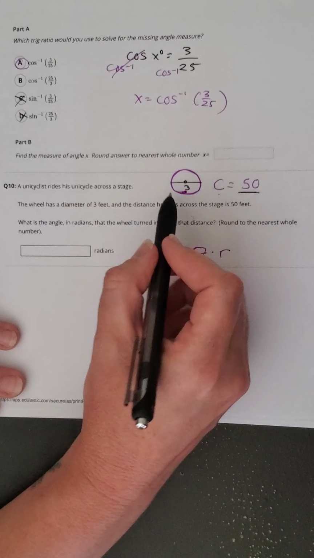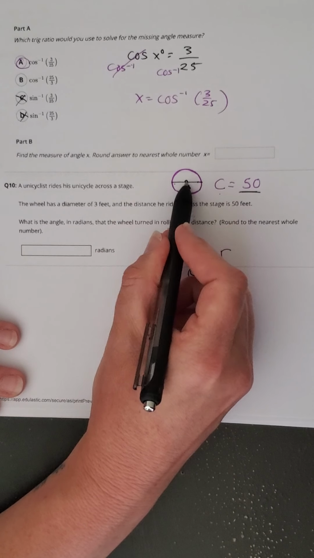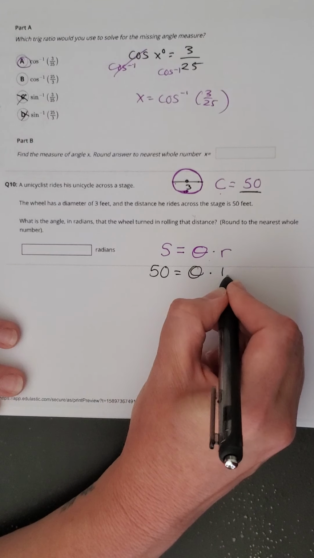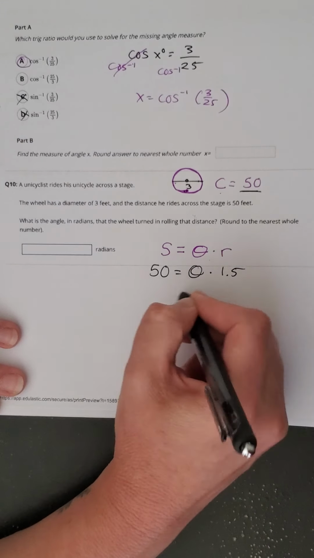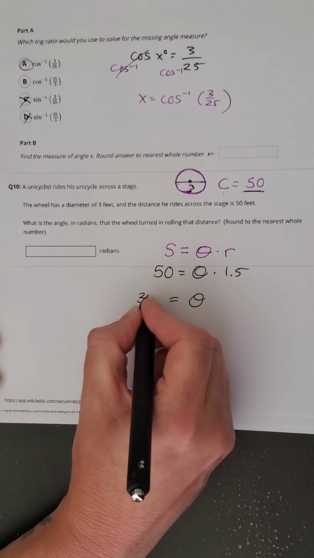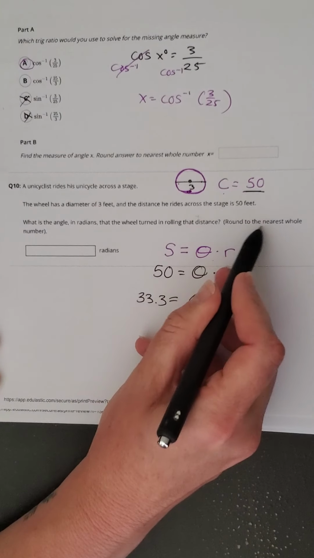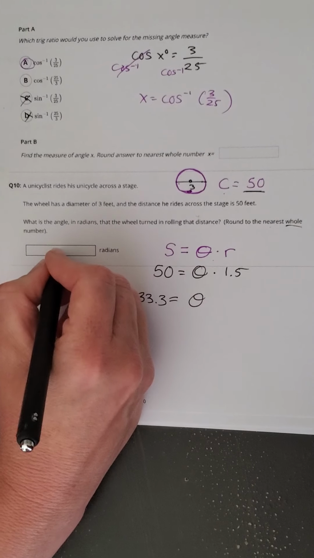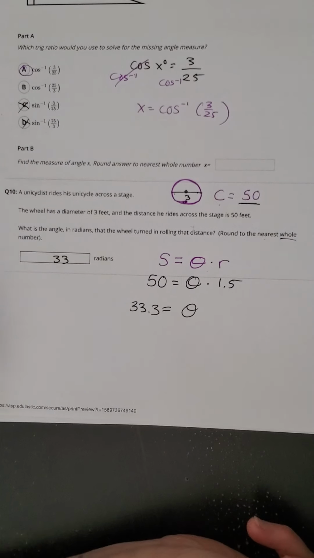The radius is half the diameter. The diameter is 3, the radius is 1.5. And so we'll divide both sides by 1.5, and 50 divided by 1.5 is 33.3. But it does say to the nearest whole number, so 33 radians.